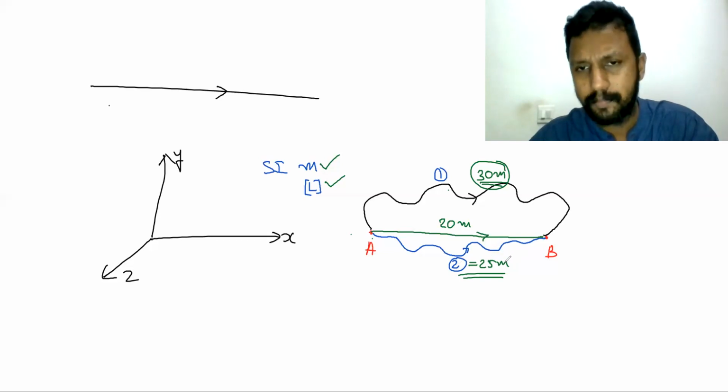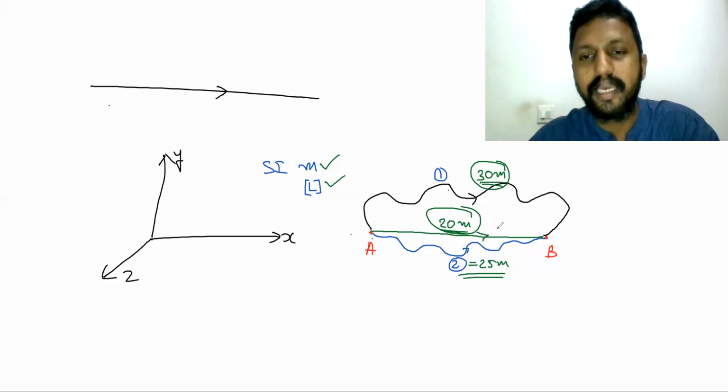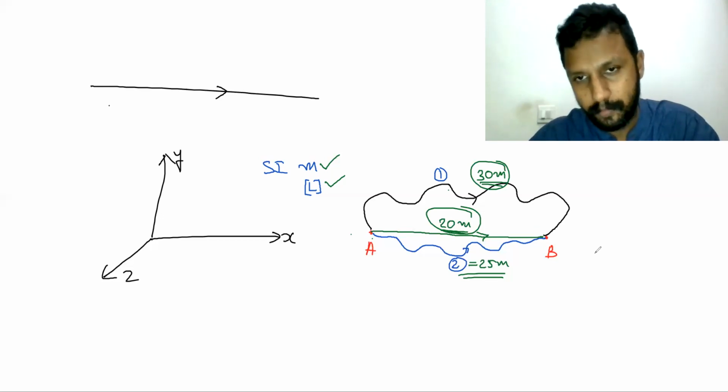There's no direction. But if you are saying 20 meters is the displacement from A to B, that data is not complete. Why? 20 meter will give only the magnitude. You should say 20 meter from A to B towards right.